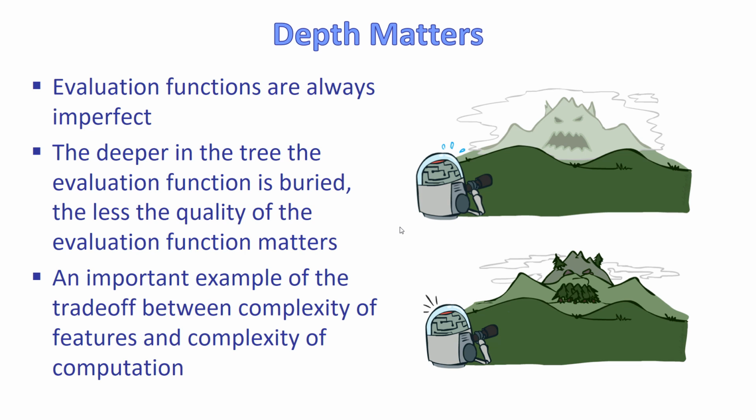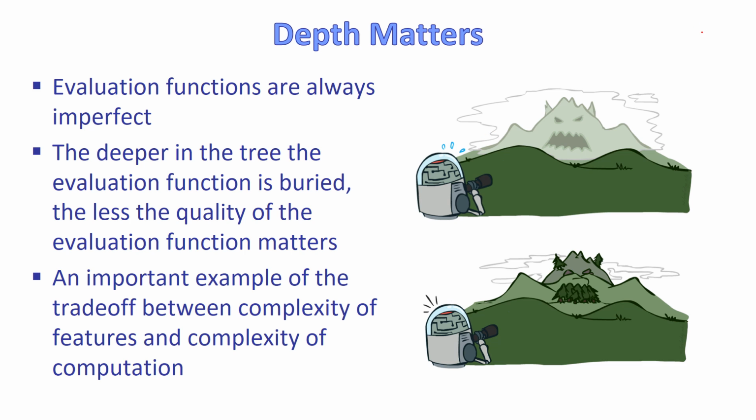So the quality of the evaluation function will not be as important as it is if we are close to the root of the tree. And let me show you that by an example.